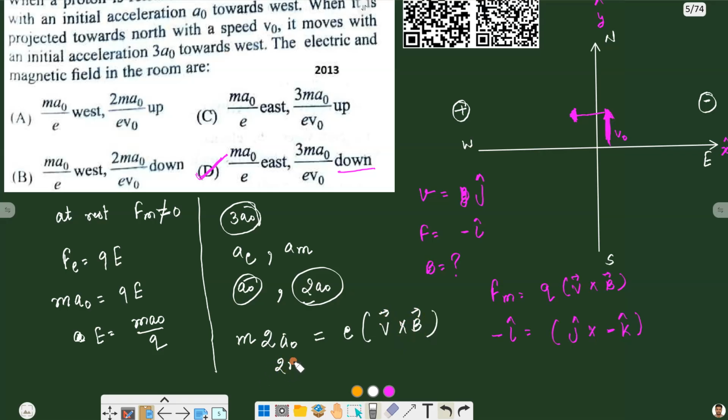So it will be 2m a node divided by eV, that is the value of the magnetic field here, and here it is mentioned as 2. So I think there is a problem in the option. It should be 2. The magnetic field value should be twice of m a node by eV. So with this, let's move to the next question.